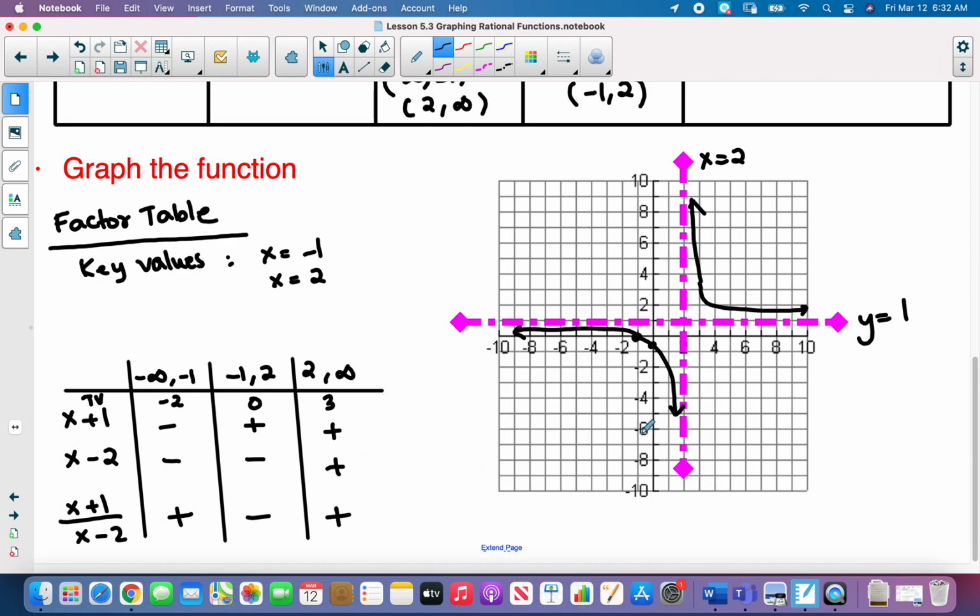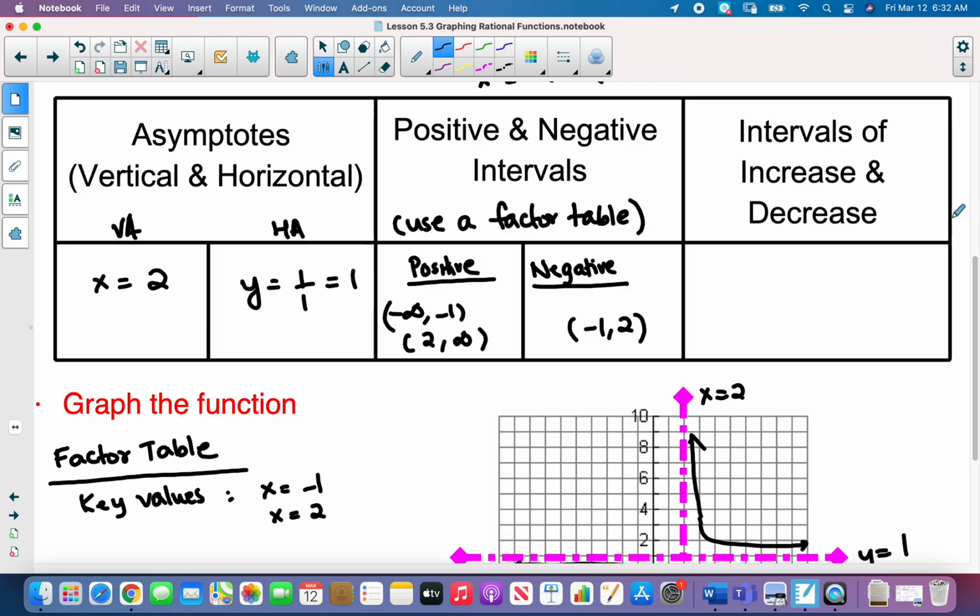Okay, so this is how you'd graph the sketch of this function, but you need to find some information before you do it. So to find the intervals where it's positive and negative, you can use the factor table. And if you look at the graph, this function is decreasing only.